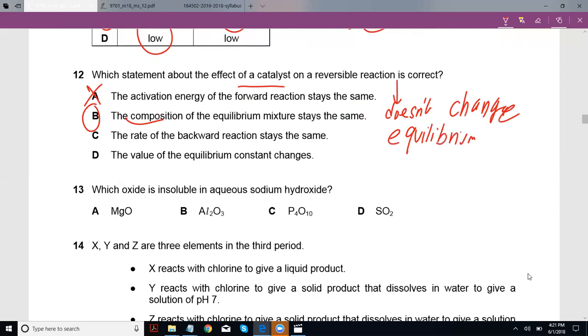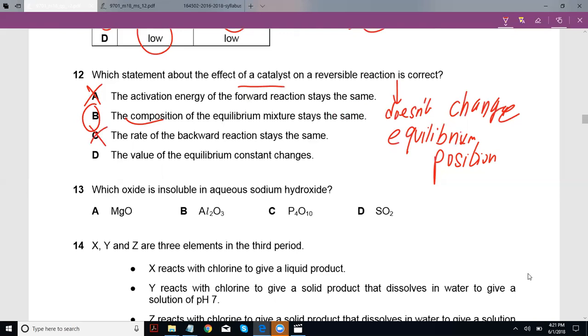That is something that you should know about a catalyst. It has no effect on the equilibrium position. For that, you have temperature and pressure. It doesn't change the yield. It only changes the rate, and it changes it for the backward and forward reaction by the same magnitude, basically.